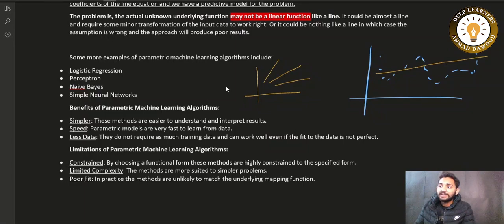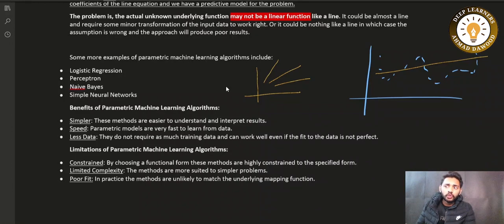So that's why these are very simple and also interpretable. In terms of speed also, you are not totally relying on your data set. You have already done half your work by assuming a mathematical equation. Now your data will polish your mathematical equation and give good direction to your mathematical function.